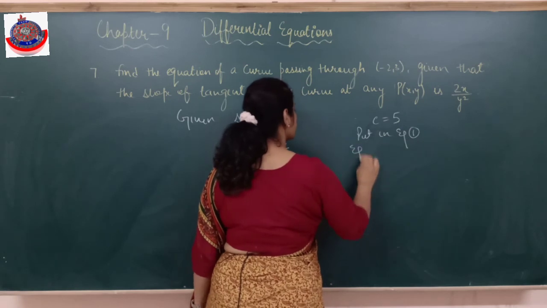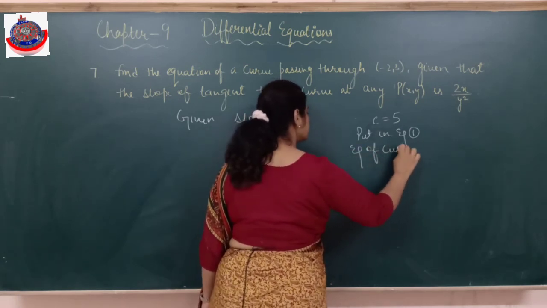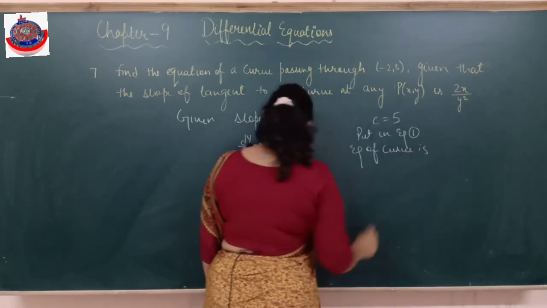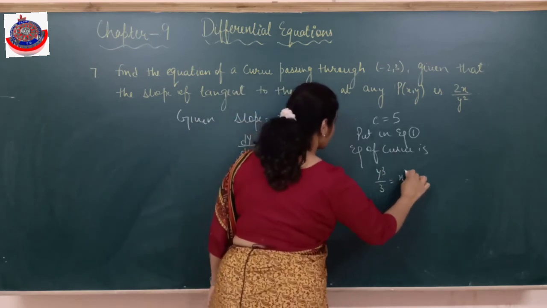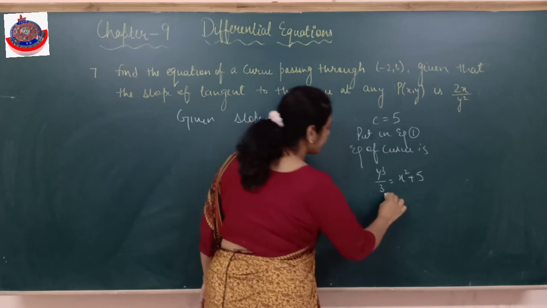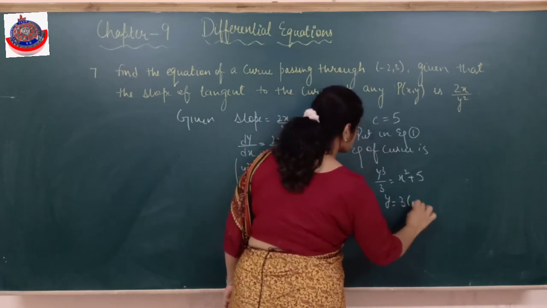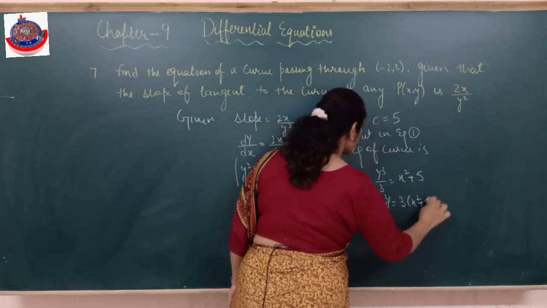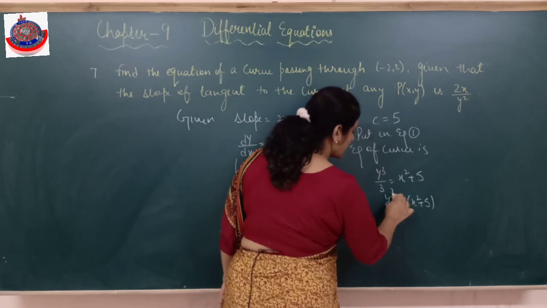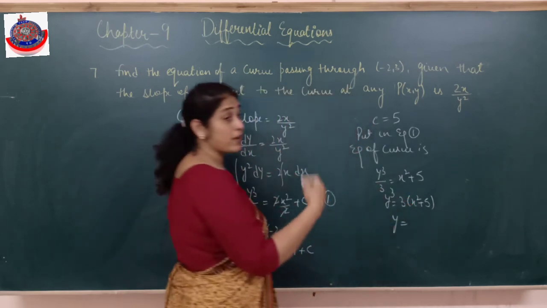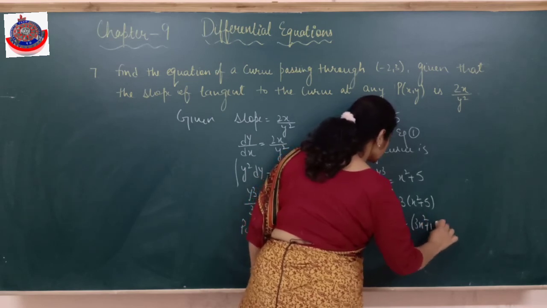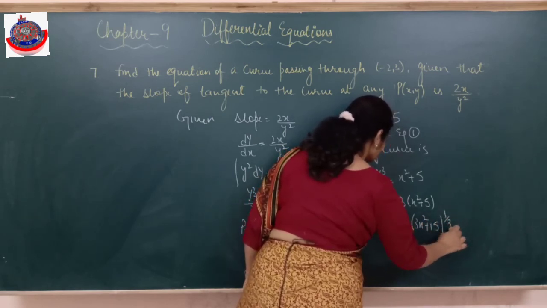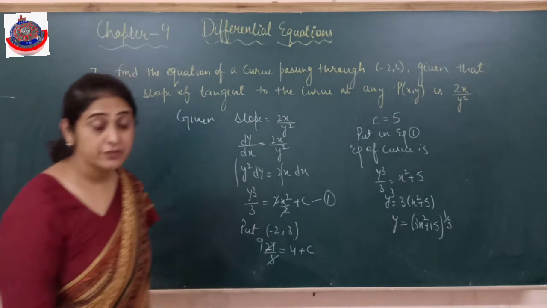So the equation of the curve is, simplify. I am in the habit of writing it as y is equal to something. So that is the equation of the curve.